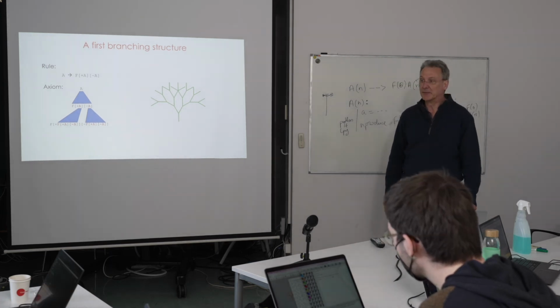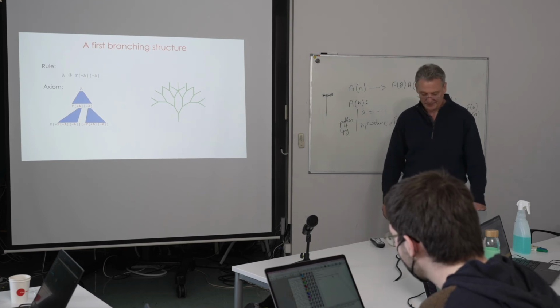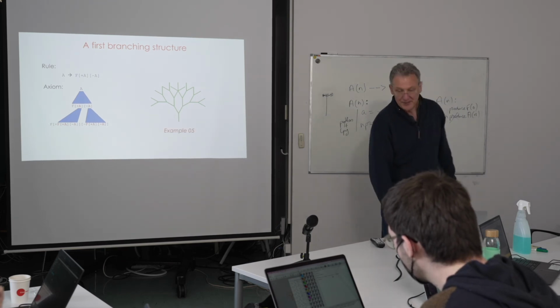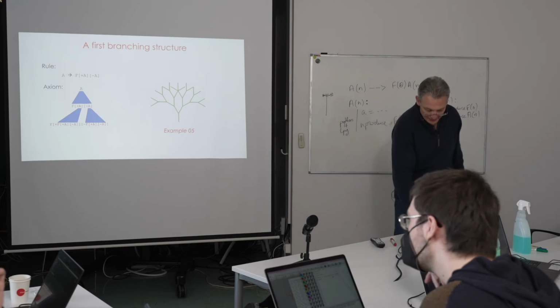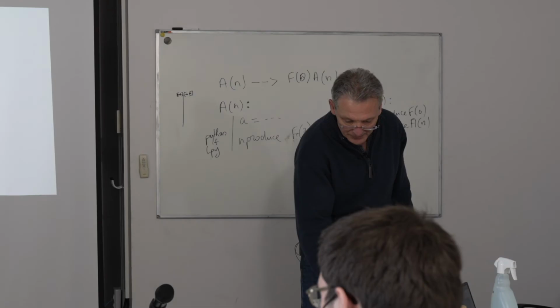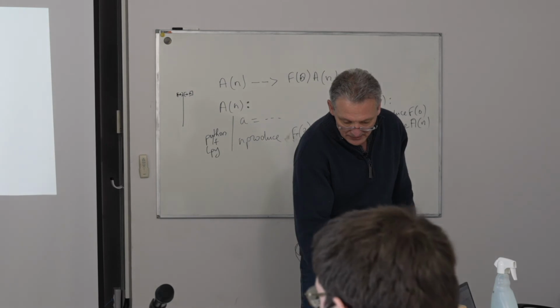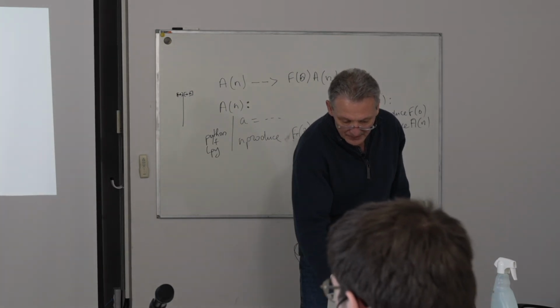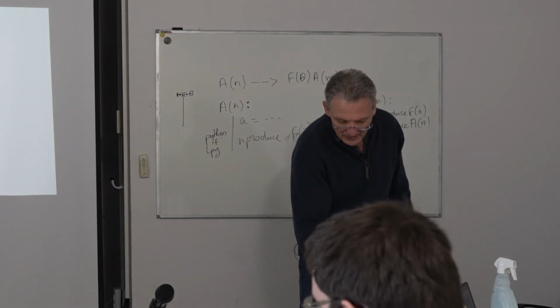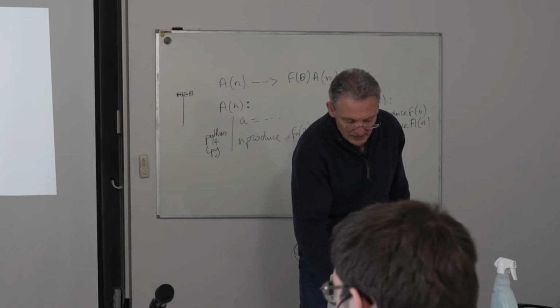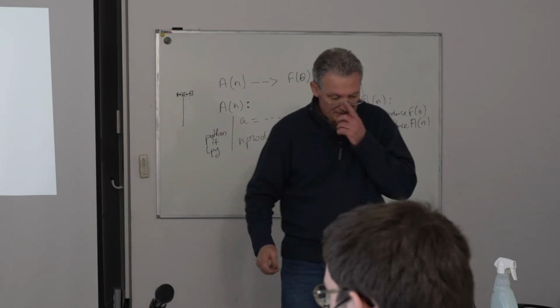reminiscent of a dichotomic branching that we saw this morning. Okay, and this is in example 5. You can open the example and see how it goes. It's basically the same.